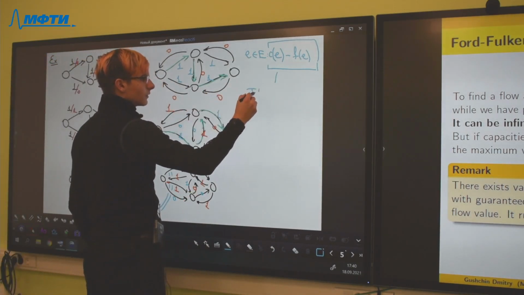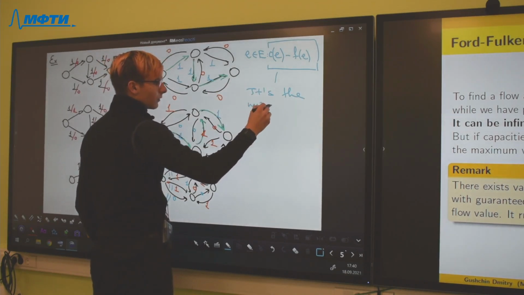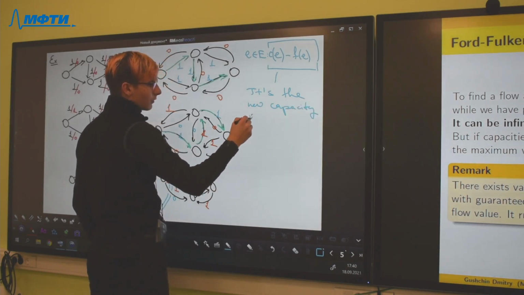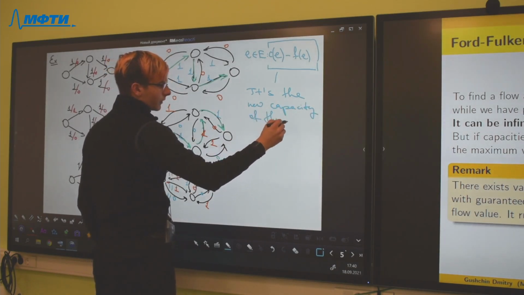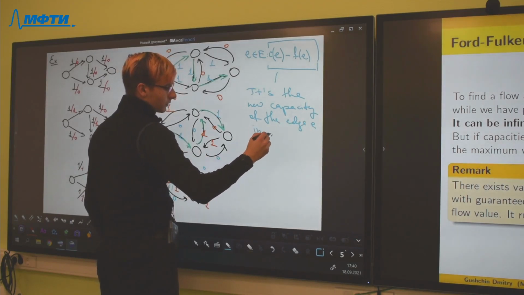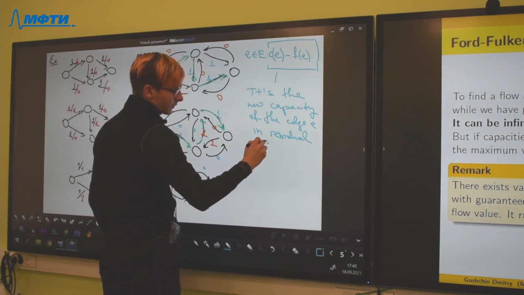It is the new capacity of the edge E in the residual network.